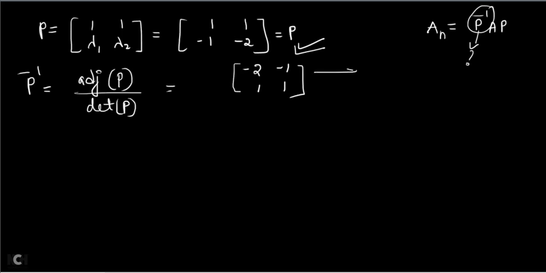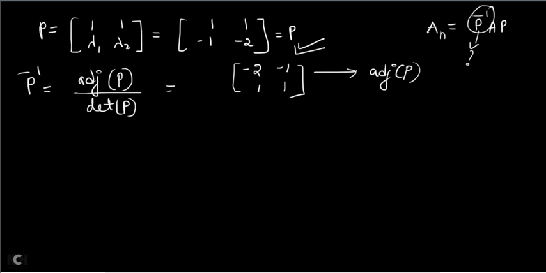Now this matrix is called the adjoint matrix of P. Remember, if you have a 2 cross 2 matrix, taking adjoint is easy. Adjoint of a 2 cross 2 matrix is nothing but interchange the diagonal elements and change the sign of the opposite diagonal elements.